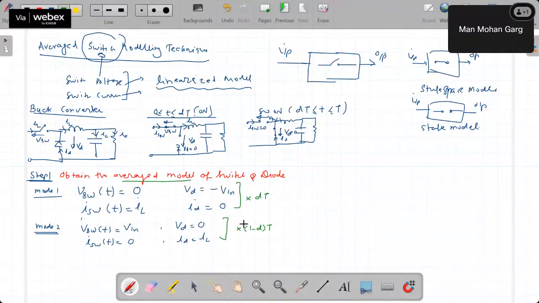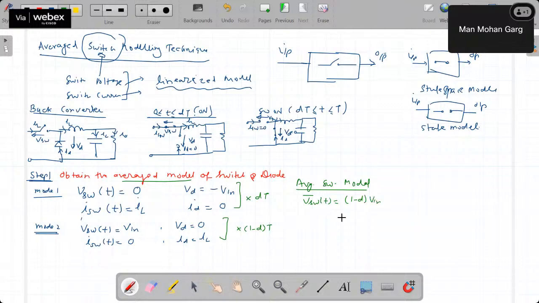We multiply this with DT, this with 1 minus DT, and take the average. So the average of VSW will be 0 into D plus 1 minus D into Vin. In this case, this will be 1 minus D into Vin.